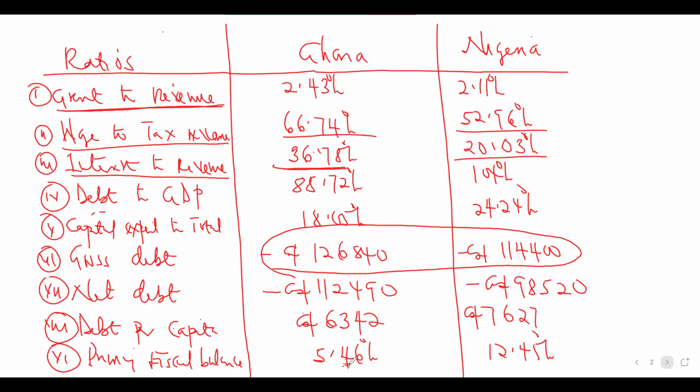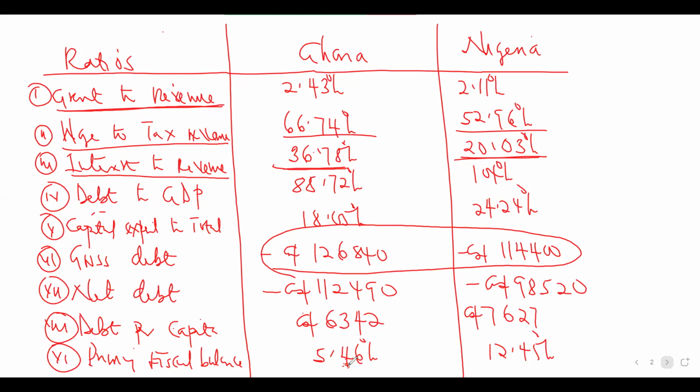Okay, this means that Ghana is having a lot of borrowings, or a lot of unsettled debt, than Nigeria. And in this case, Nigeria is doing better because they are able to look for cheap debts. It can be as a result of cheap debt. So they might be having a lot of borrowing, but the borrowing will be very cheap. The interest will be very cheap.